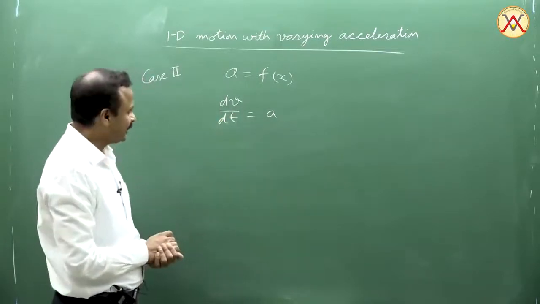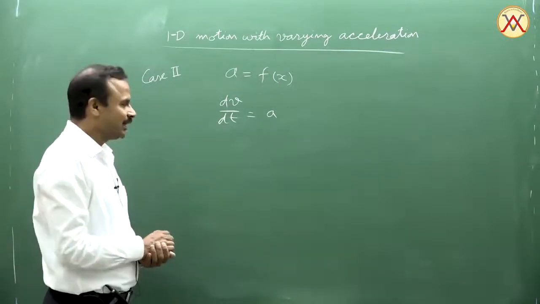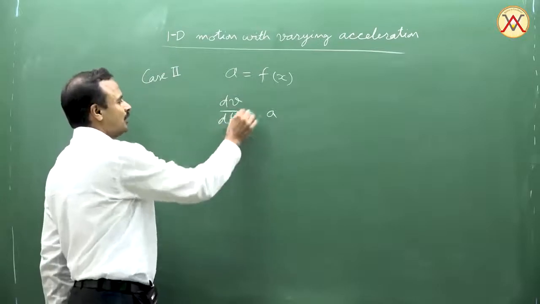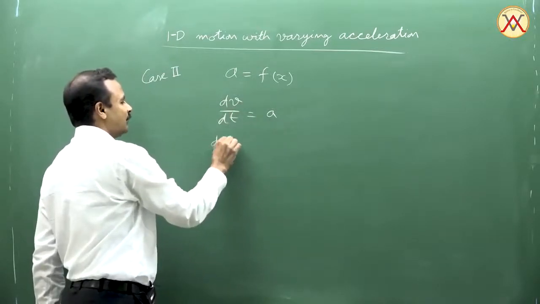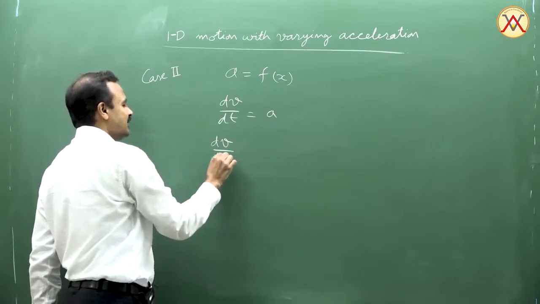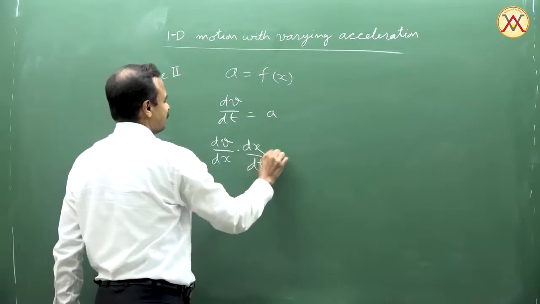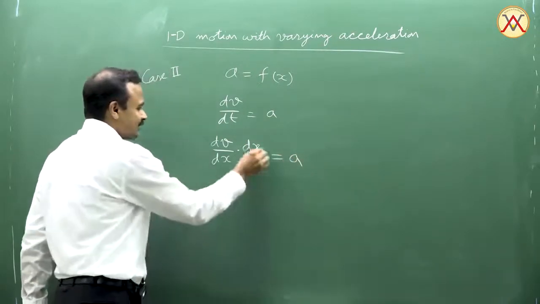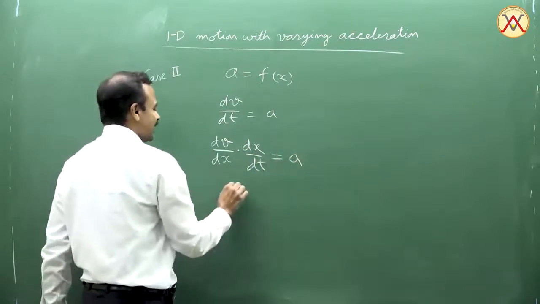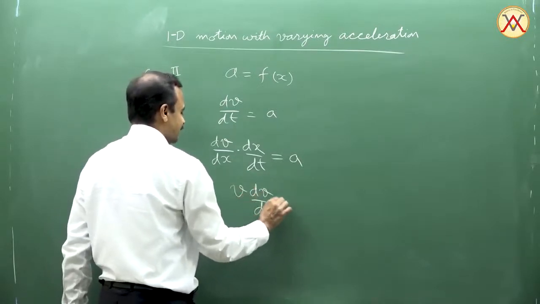The problem will become solvable if we can reduce it to two variables, and that can be done with the help of the chain rule. On the left hand side, if we apply the chain rule, we can write the acceleration as dv by dx times dx by dt. dx by dt we know is v, so acceleration becomes v dv by dx.